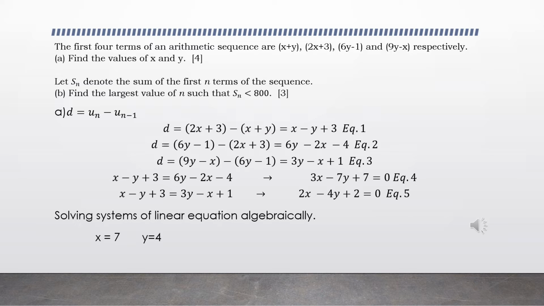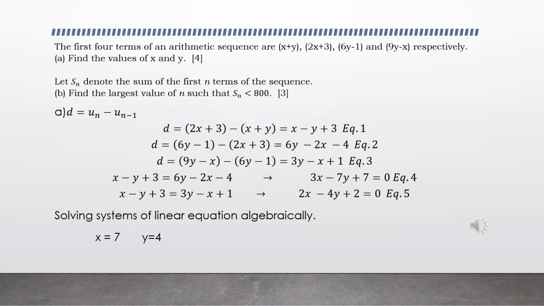The first thing that we can do is to find the difference, which we know is equal to the term minus the previous term, or u sub n minus u sub n minus 1. So we'll have a difference of the second term and the first term. That's 2x plus 3 minus quantity x plus y. Simplifying that, we'll have x minus y plus 3. Let's make it our equation number 1.